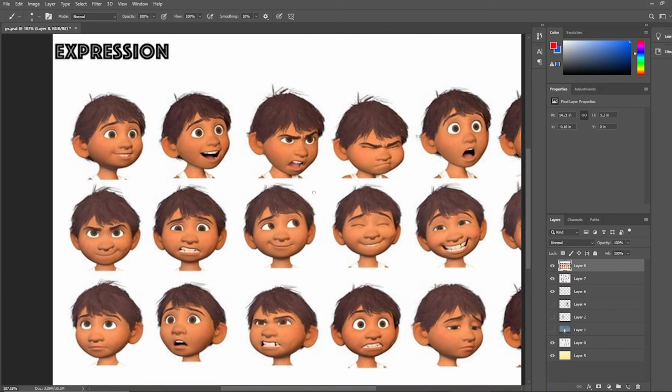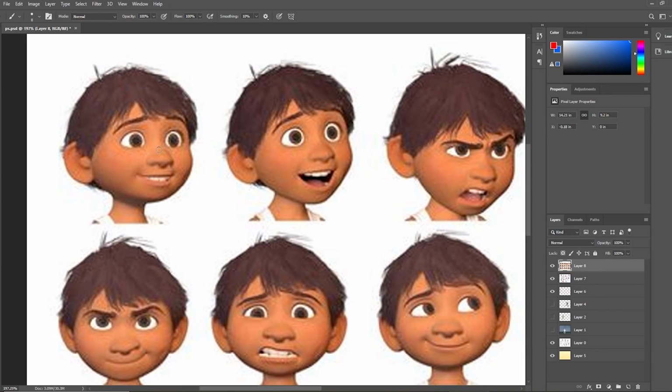Lastly, I want to talk about the character expression line of action. This is more of acting animation. Even for the face, we can give a line of action. We can draw from the top of the head to the end of the jawline. You can see that this is the line of action. Draw the eyebrow and we connect the eyes and even the mouth.